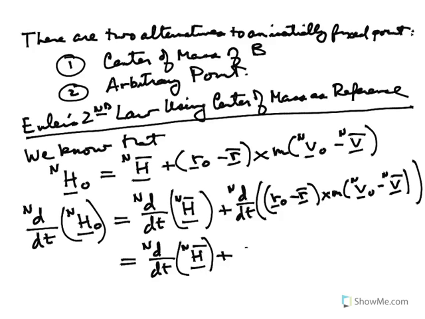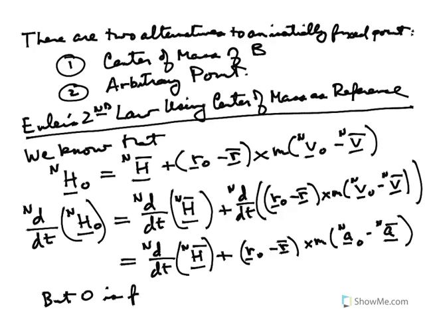The second term gives me RO minus R bar crossed with M times the acceleration of O minus the acceleration of the center of mass, right? But O is an inertially fixed point, right? So O is fixed in N because O is inertially fixed. So that implies that the acceleration of O in N is equal to 0.